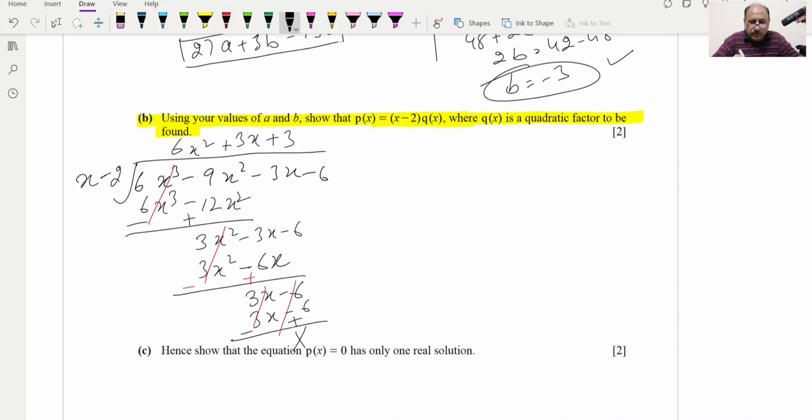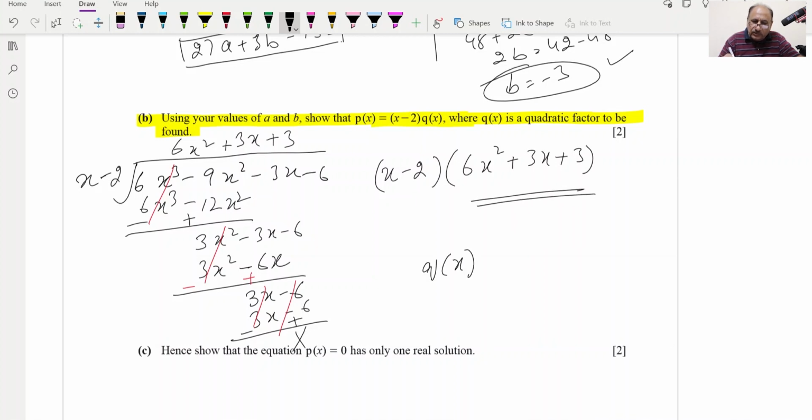So it will be x minus 2 into 6x squared plus 3x plus 3, and this will be basically the q of x which we found, which is q of x is equal to 6x squared plus 3x plus 3. This is the quadratic we were supposed to find.